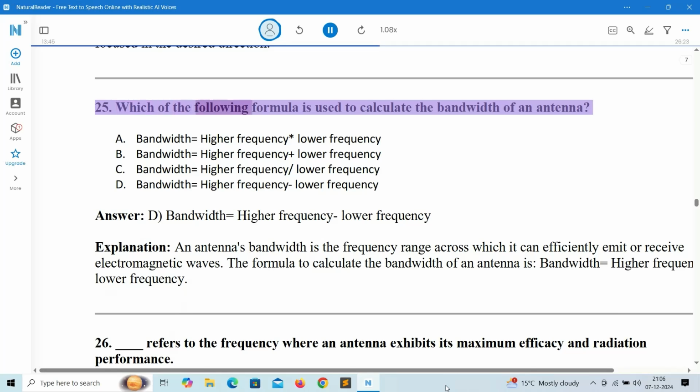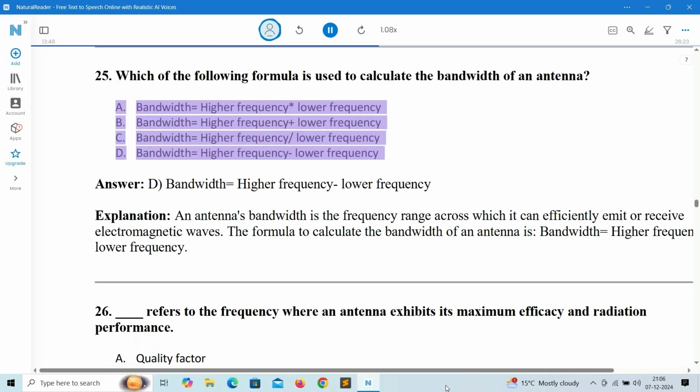25. Which of the following formula is used to calculate the bandwidth of an antenna? A. Bandwidth equals higher frequency asterisk lower frequency. B. Bandwidth equals higher frequency plus lower frequency. C. Bandwidth equals higher frequency slash lower frequency. D. Bandwidth equals higher frequency minus lower frequency.